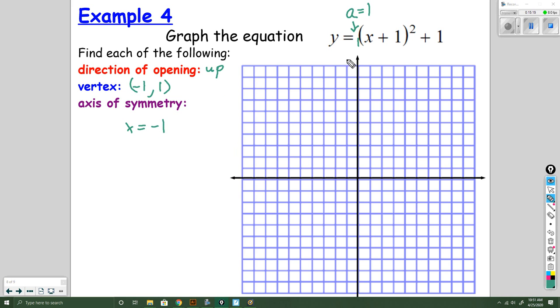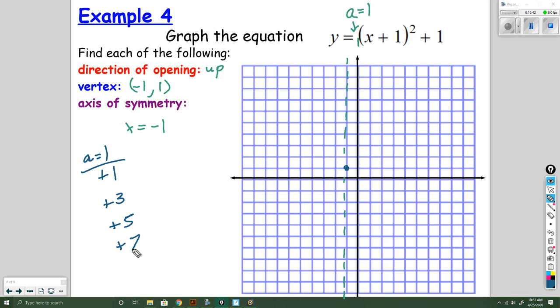I'm going to graph that right here. And then negative 1, positive 1 is right here on the graph. Since a equals 1, it's going to be really easy to find these other values on our graph. Hopefully, if we see this pattern, we can just continue to use this pattern.